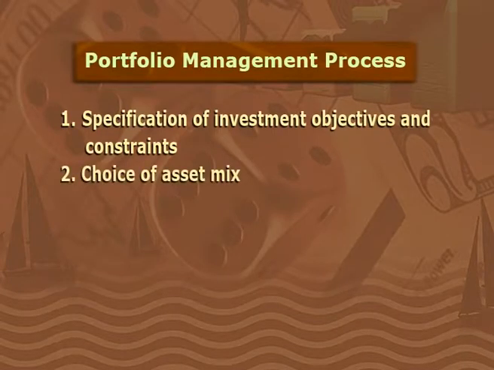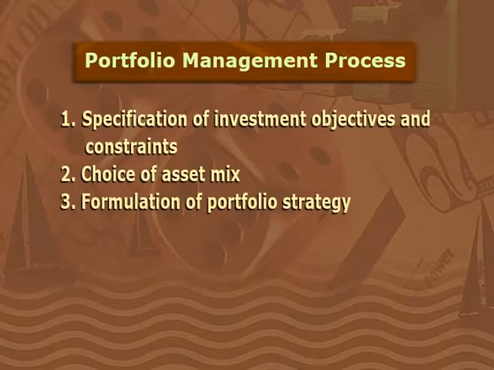Step 2. Choice of asset mix. Assets broadly are a mix of risk and return. It is basically concerned with the proportion of stocks like equity shares or equity-oriented mutual funds and bonds like fixed investment options. Step 3. Formulation of portfolio strategy.